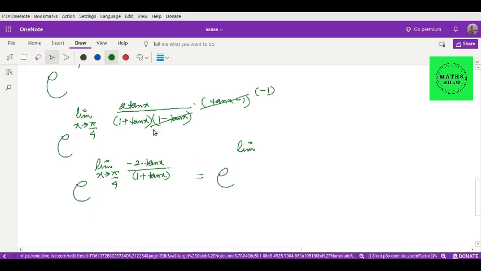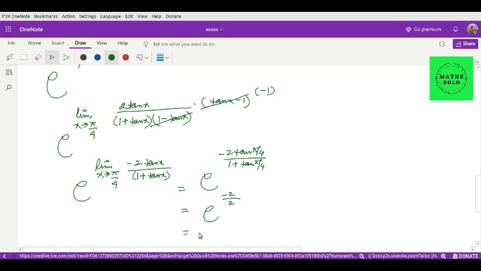Now further, putting the limits, we will erase this part. After putting the limit, we have e to the power of minus 2 tan pi upon 4 upon 1 plus tan pi upon 4, which is equal to e to the power minus 2 upon 2.